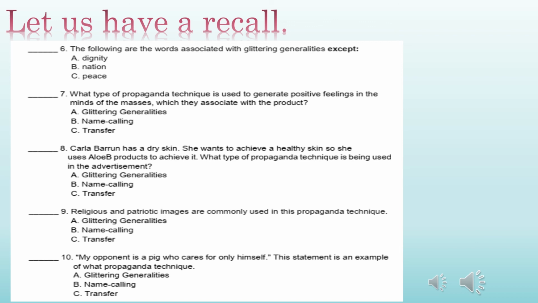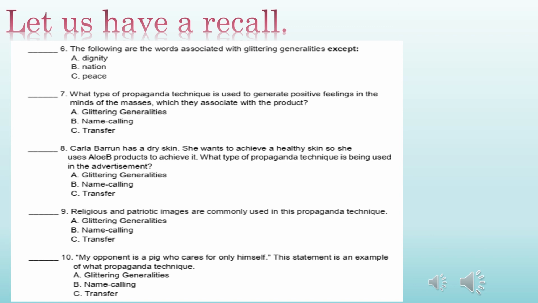Okay, number 7. What type of propaganda technique is used to generate positive feelings in the minds of the masses, which they associate with the product? Again, positive feelings. What is this? Letter A, glittering generalities. Number 8, Carla Baron has a dry skin.